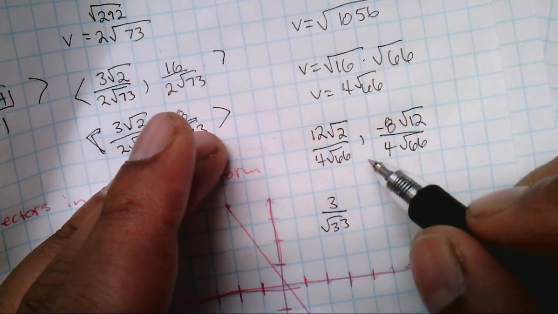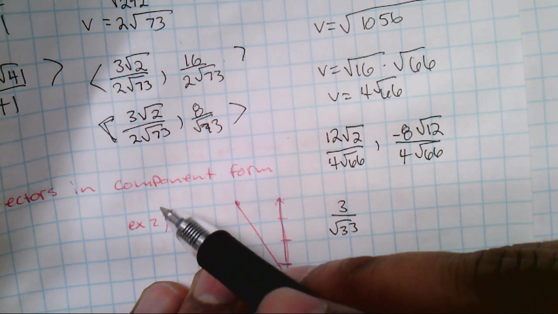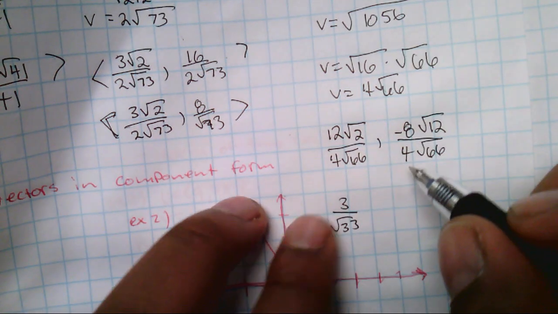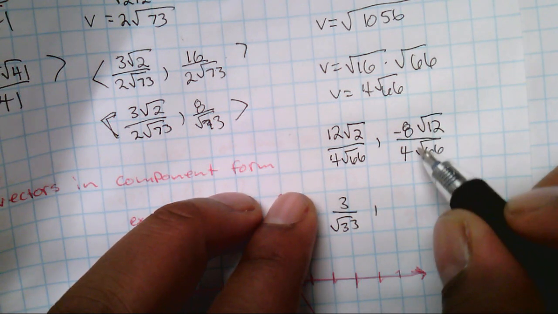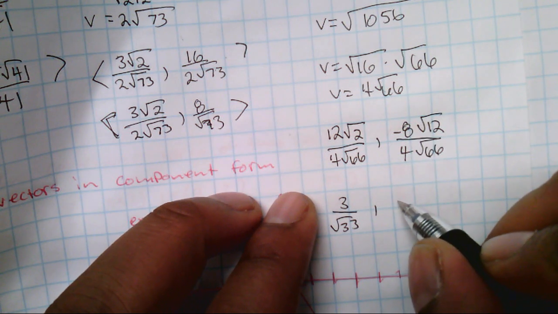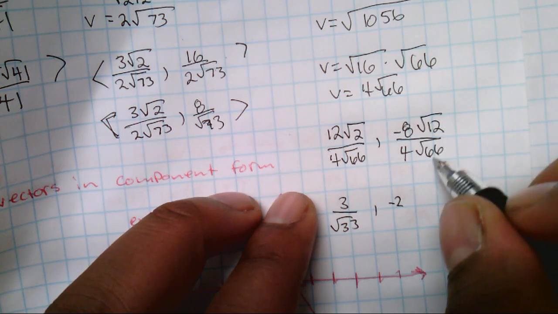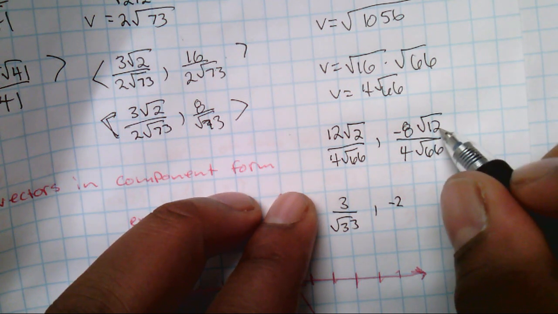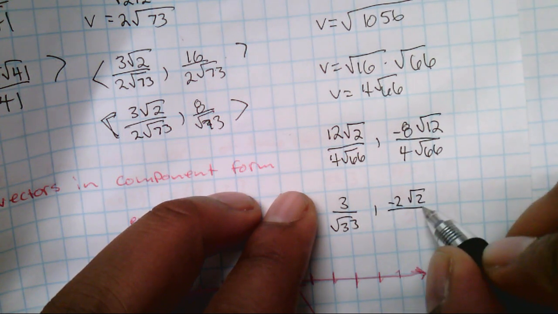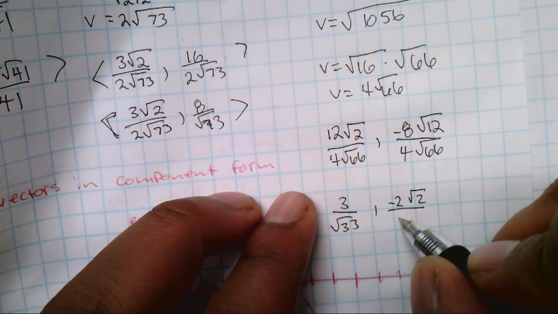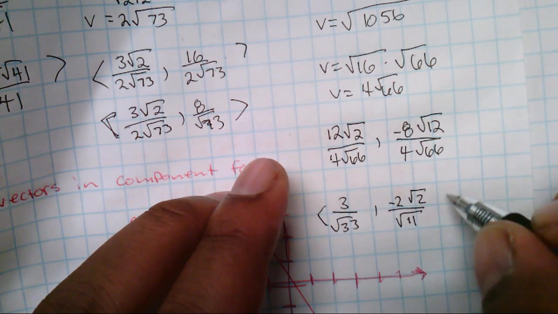And then, you may also notice I'm going into another problem. So when I go over this problem, you'll see some of these things, no big deal. Now, on the other value, negative 8 divided by 4 is going to be negative 2. Now, they both share 6, so that's going to reduce this guy to 11, and that's going to reduce this guy to a 2. So negative 2 square root 2 over the square root 11. And that will be the unit vector here.